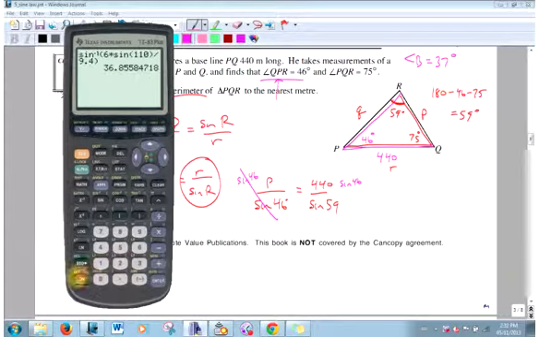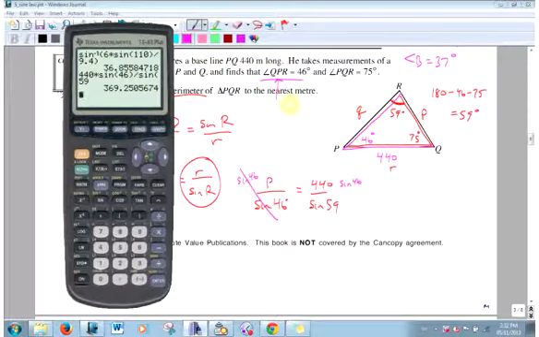440 times sine 46 divided by sine 59 is, does that look reasonable for a length there? Sure, that's 440, looks a little shorter.